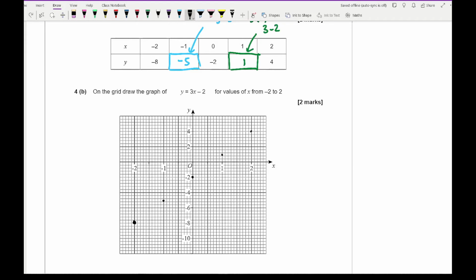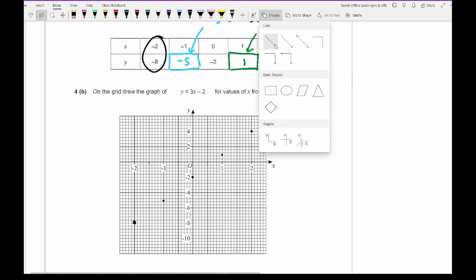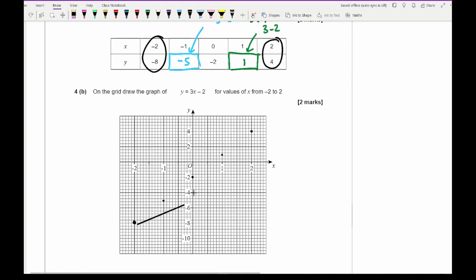Now personally speaking, what I would go for is I would choose the last and the first coordinate that we've got, and then draw your connecting line using those 2 points there. And we just get that so. Sort this point out here.